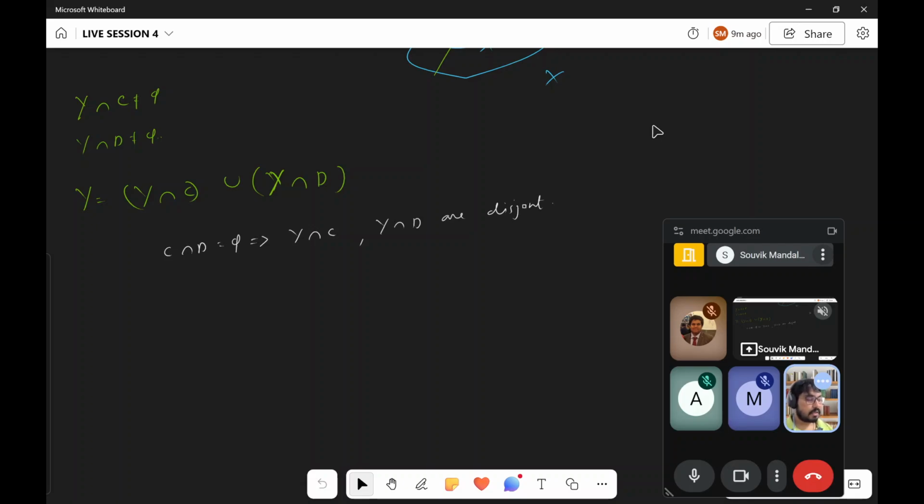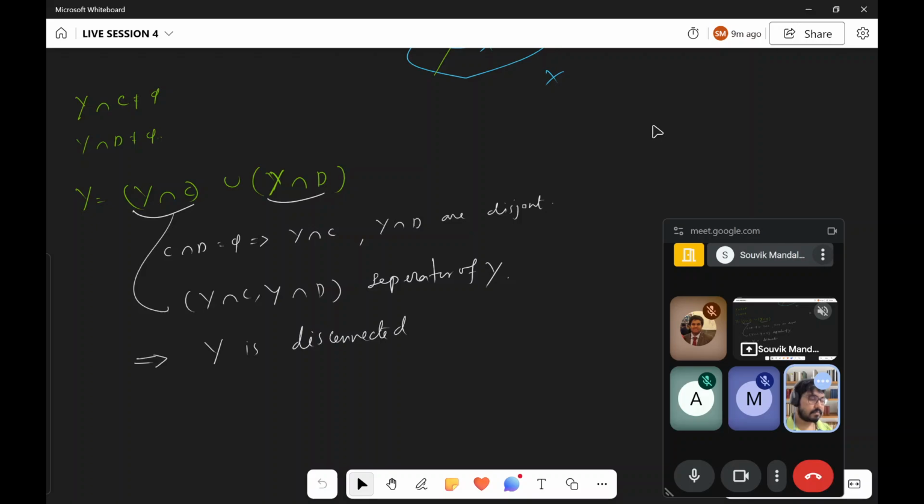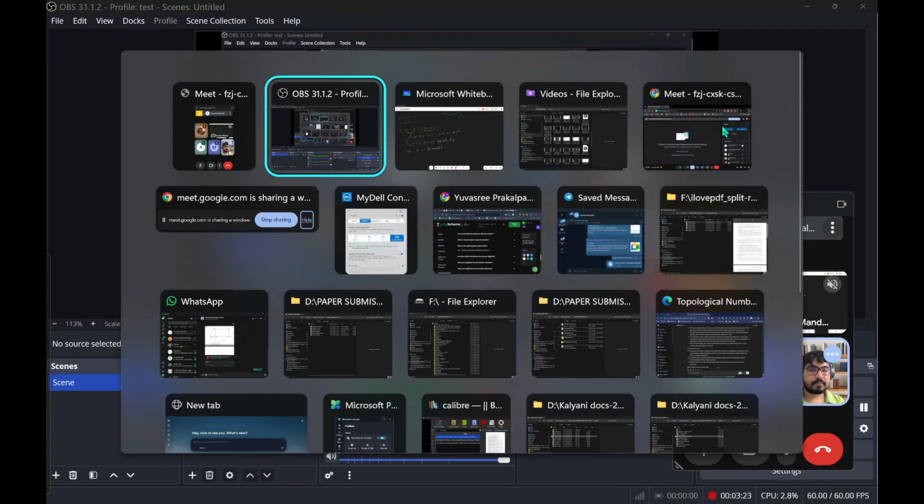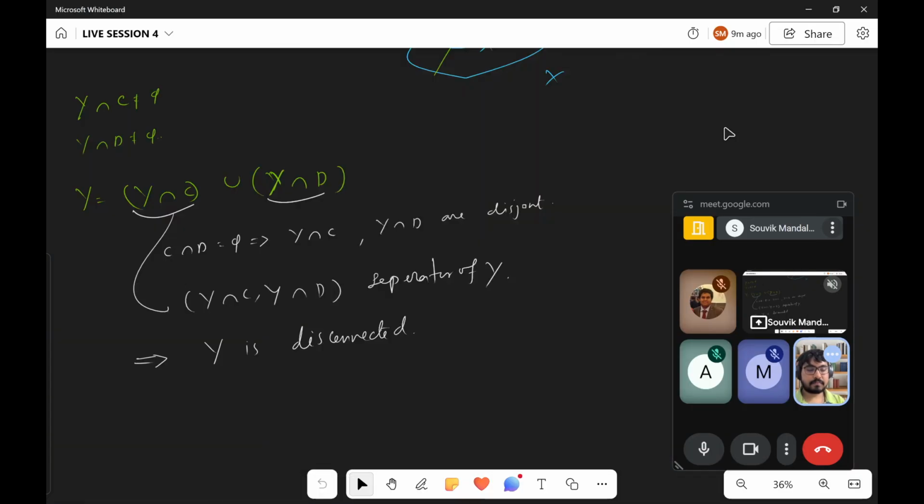So clearly this forms a separation of Y. That implies Y is disconnected.